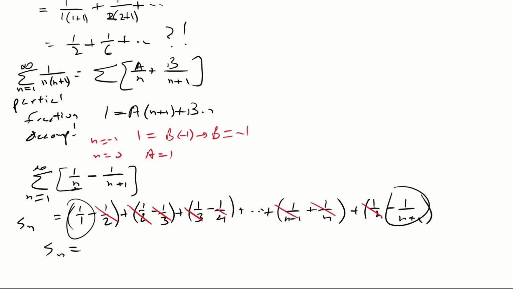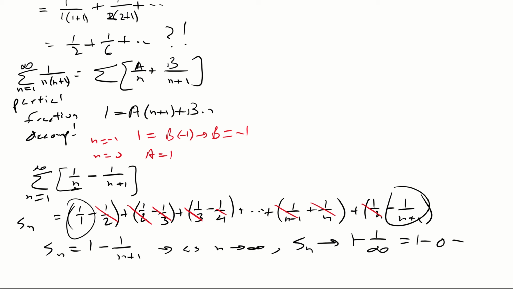So S sub n is 1 minus 1 over n plus 1. And as n goes to infinity, S sub n goes to 1 minus 1 over infinity, which is 1 minus 0, which is just 1. That means the infinite sum is just 1. This guy right here that I'm circling up here, if you were to come up with a bunch of partial sums, they would go towards 1.